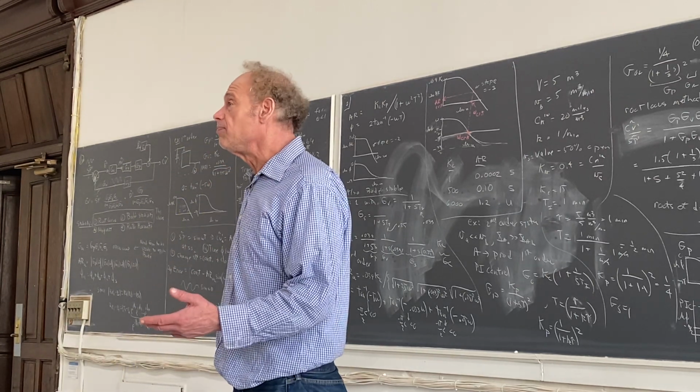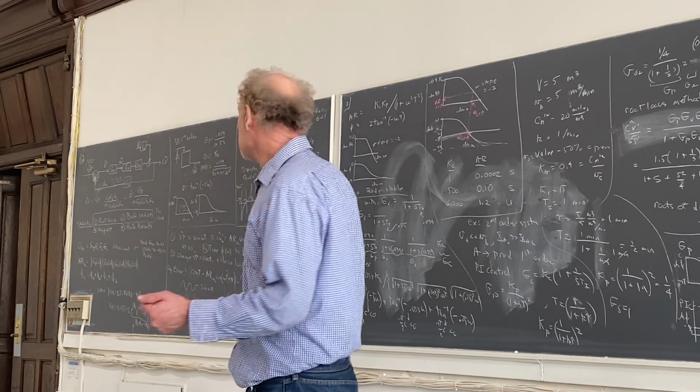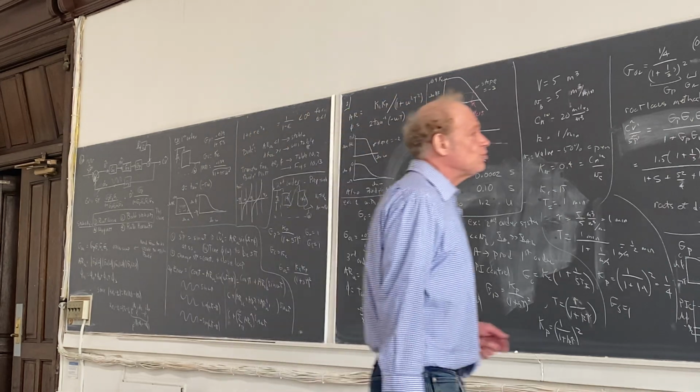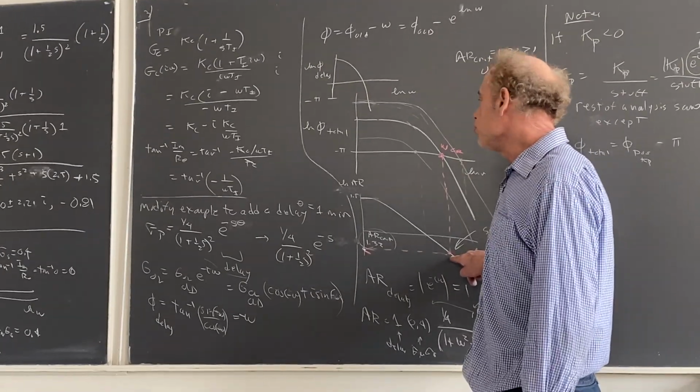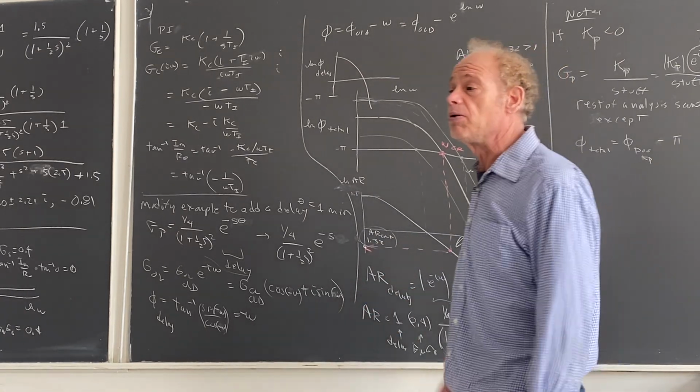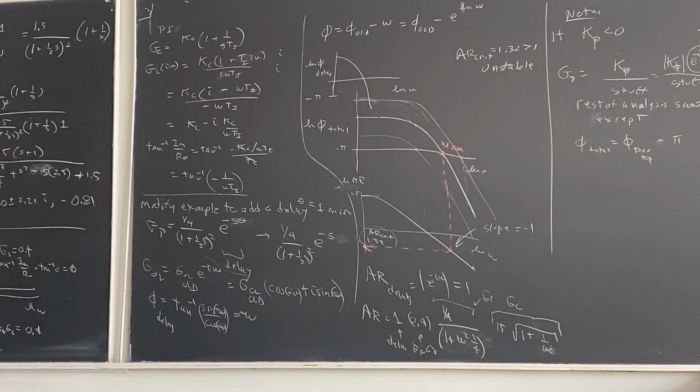For any given system, that doesn't mean it's unstable, that just means that you have to do the calculation. You can find omega critical, and when you go to the amplitude ratio curve, you still could have something less than 1. So it could still be stable, but you have to go through the details.